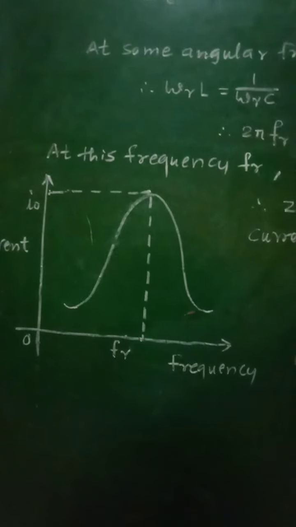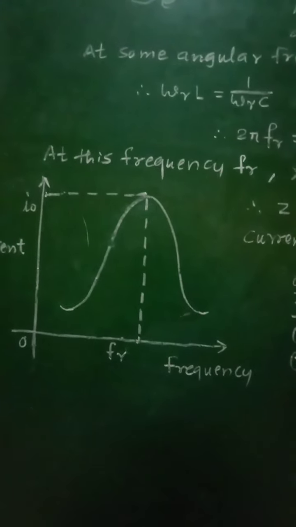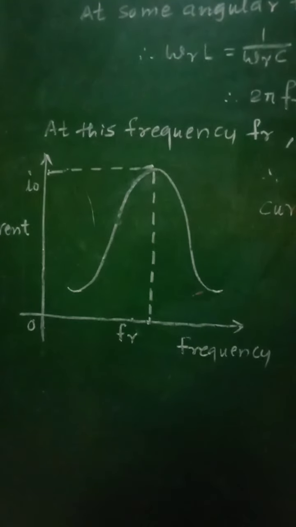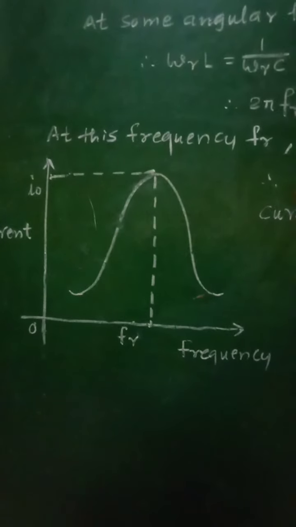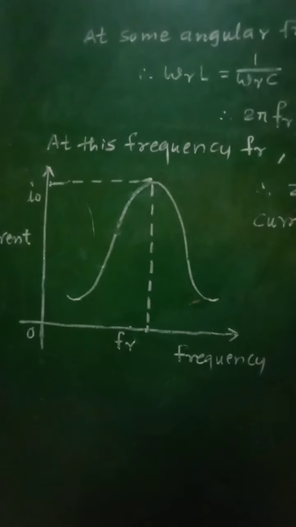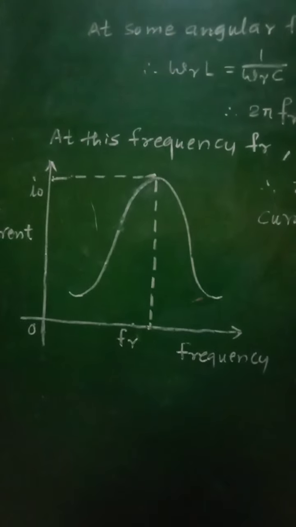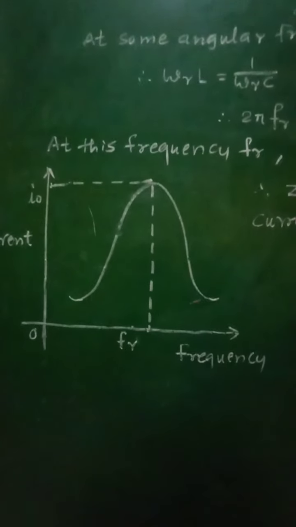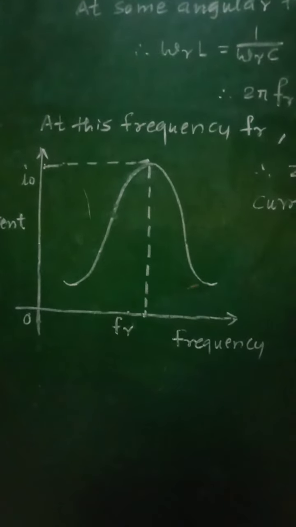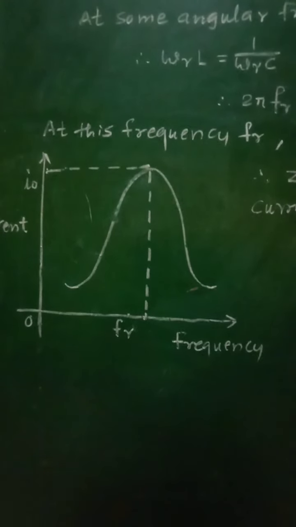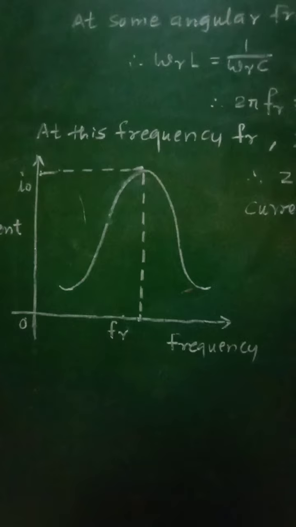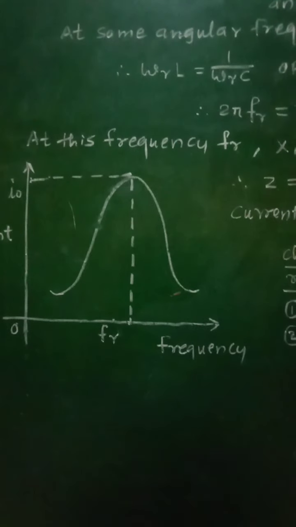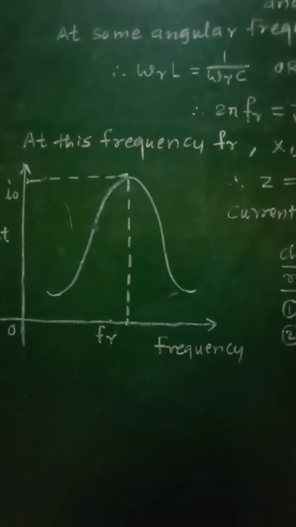This is used in radio and TV receivers. Such a circuit in which resonance takes place is used in radio and TV receivers for tuning the signal from a desired transmitting station or channel.